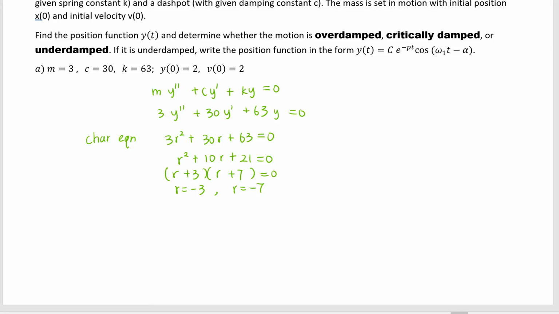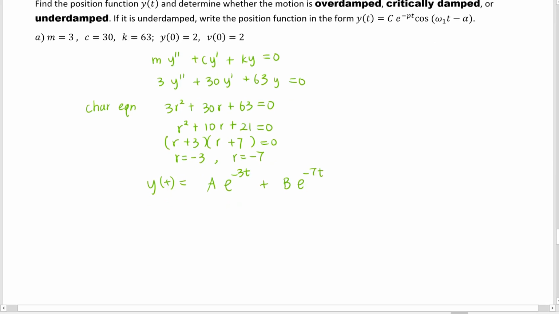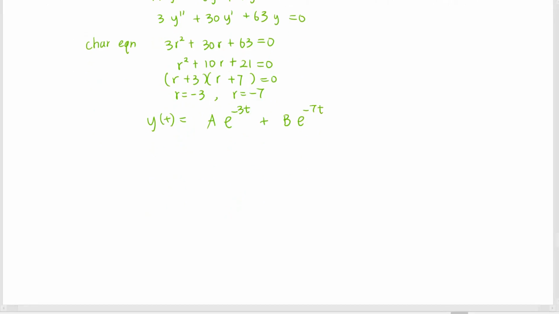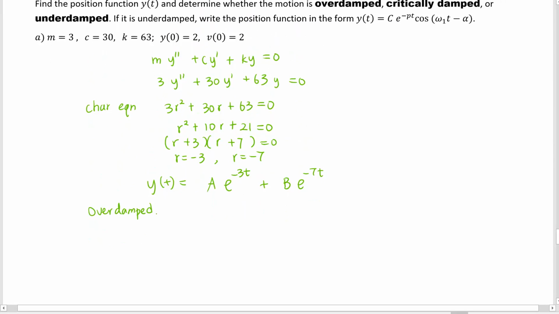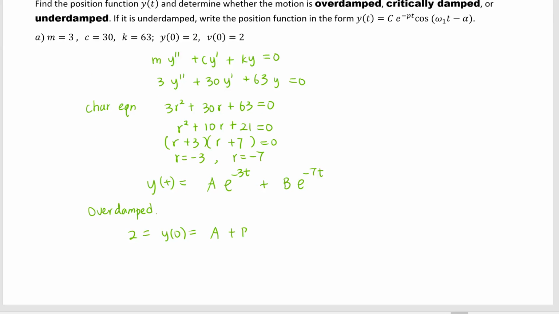Okay, so what is our solution? Well, the solution is then y of t is a e to the negative 3t plus b e to the negative 7t, because we only have the exponential terms. So this is the overdamped case. Okay, and let's figure out the constants. Well, what's y0? Okay, y0 is 2. We plug in t is 0, so a times 1, b times 1.